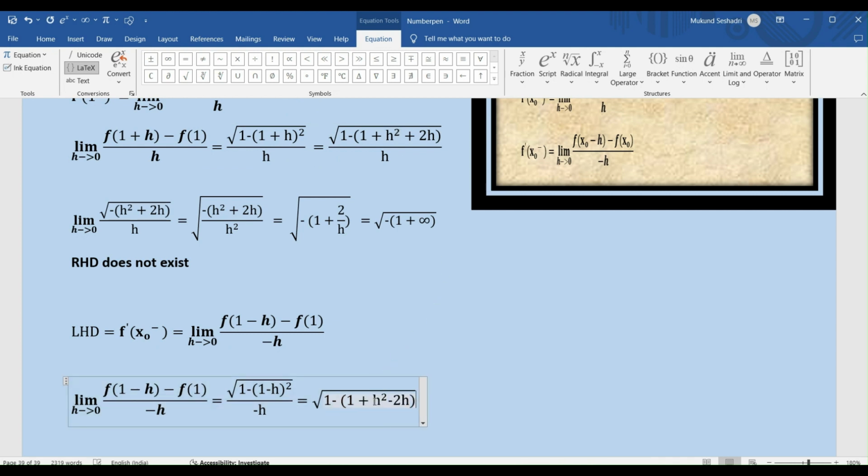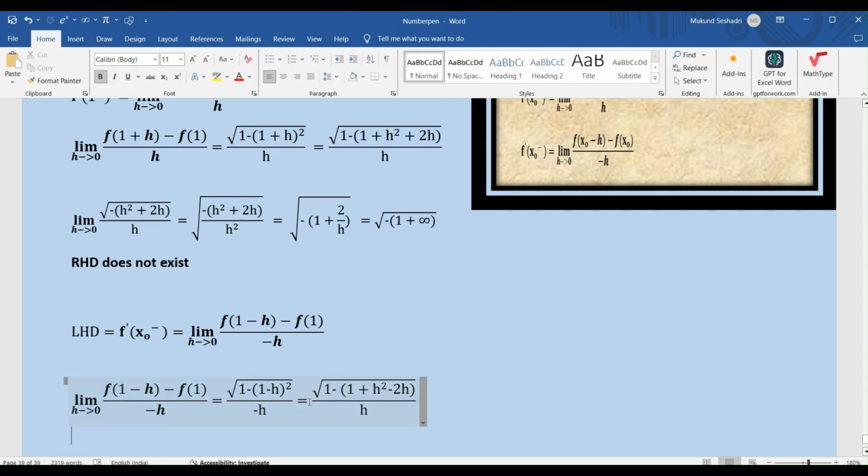Minus 2h. I'll probably remove the negative sign from the denominator, and my negative sign, let me put it on the left. Also, I'm going to do a cancellation of 1 and 1 in the next step.